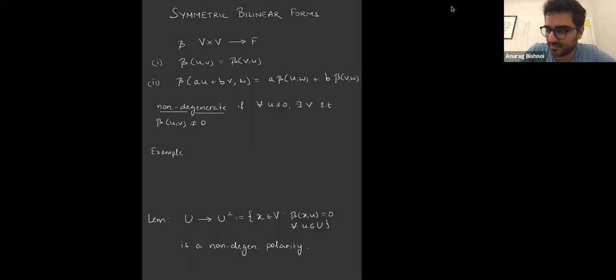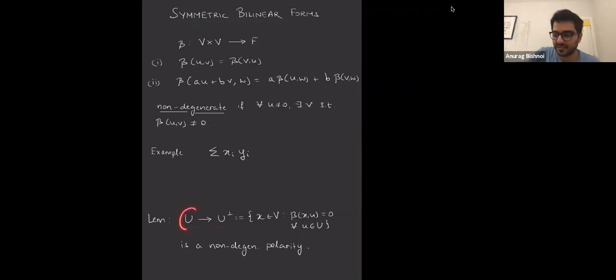And the standard example is the following: the sum of x_i y_i, right? The so-called standard dot product, at least in the real and complex spaces. Whenever you have a non-degenerate symmetric bilinear form, you can define this map.